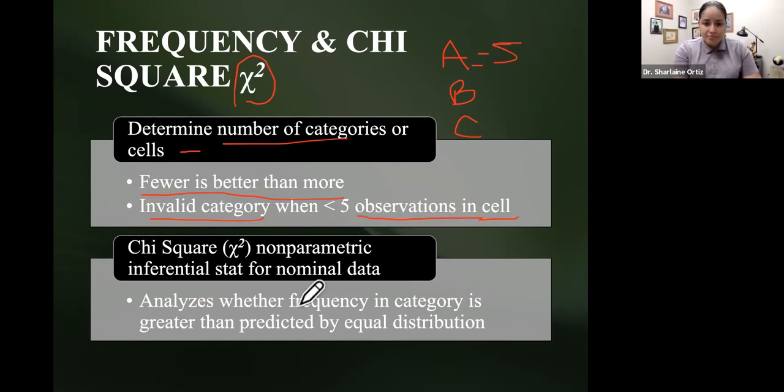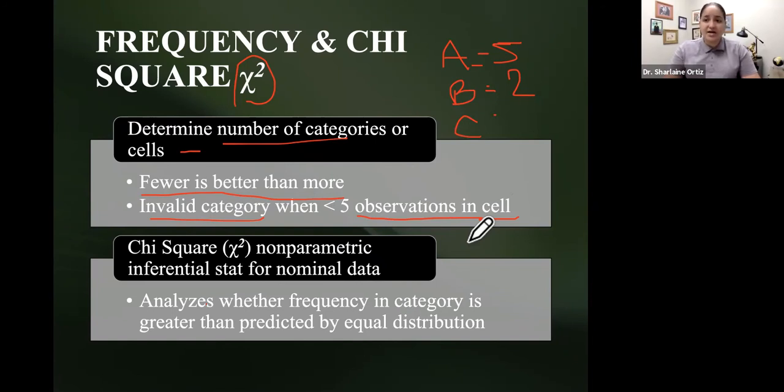So for example, if I have a combination and it happens that in that category or that box there are fewer, so we started to see smaller numbers, then the problem would be that it wouldn't be a valid category.